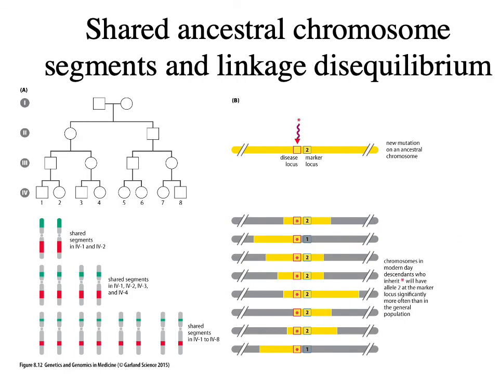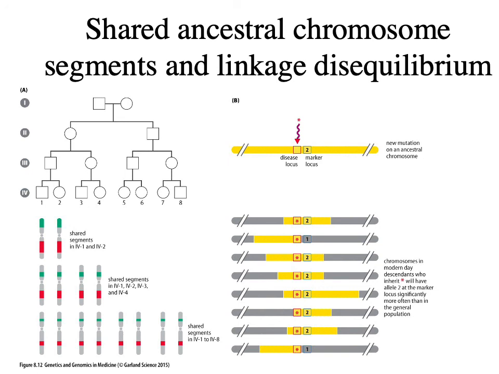Shared ancestral chromosome segments and linkage disequilibrium occur in the immediate vicinity of an ancestral mutation. The more distant a chromosome ancestor is, the smaller each shared chromosome segment will be, but the larger will be the number of people who share it.